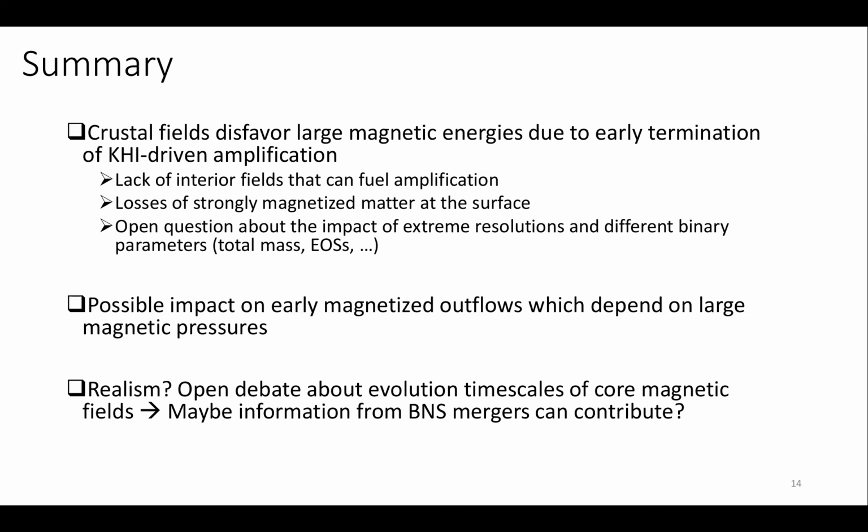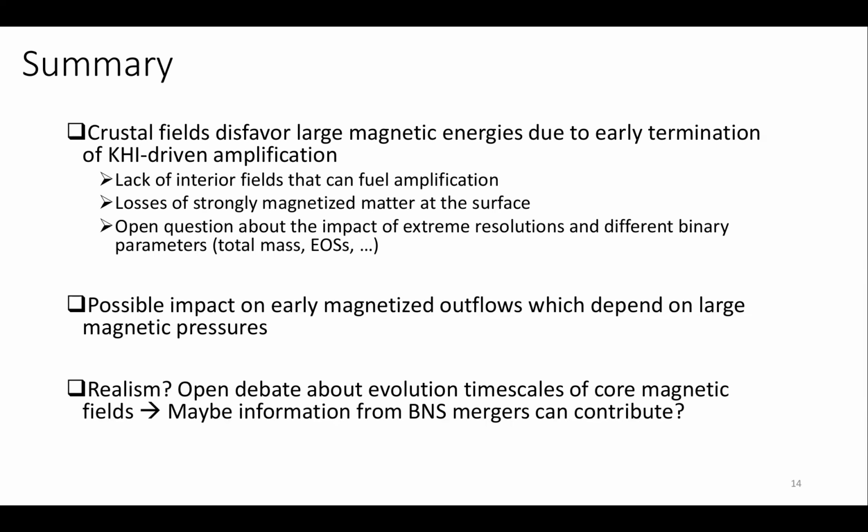So to my understanding, I'm not an expert on this, I think strong magnetic fields inside the star should be generated due to the supernova collapse. And if the progenitor stars already had magnetic fields, just due to the collapse, also these should be conserved in the interior. And to my understanding, the timescales on which the core magnetic fields develop or evolve are very uncertain.